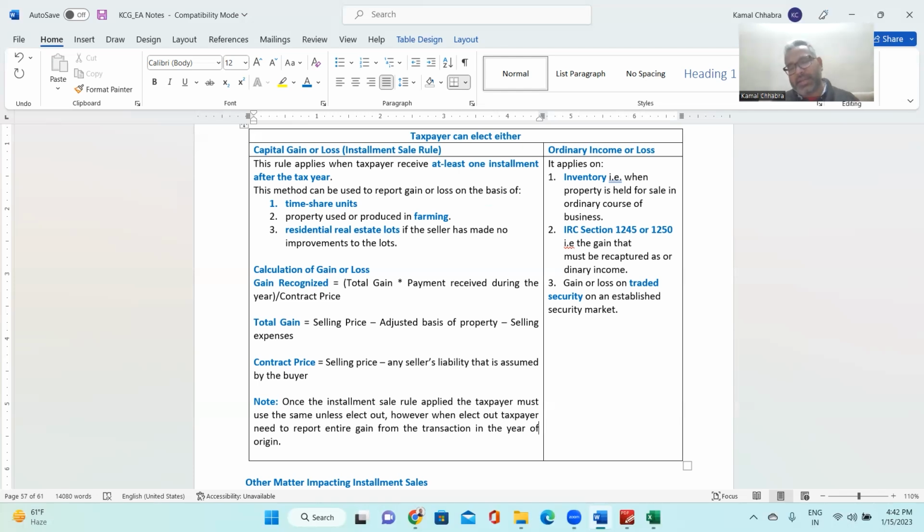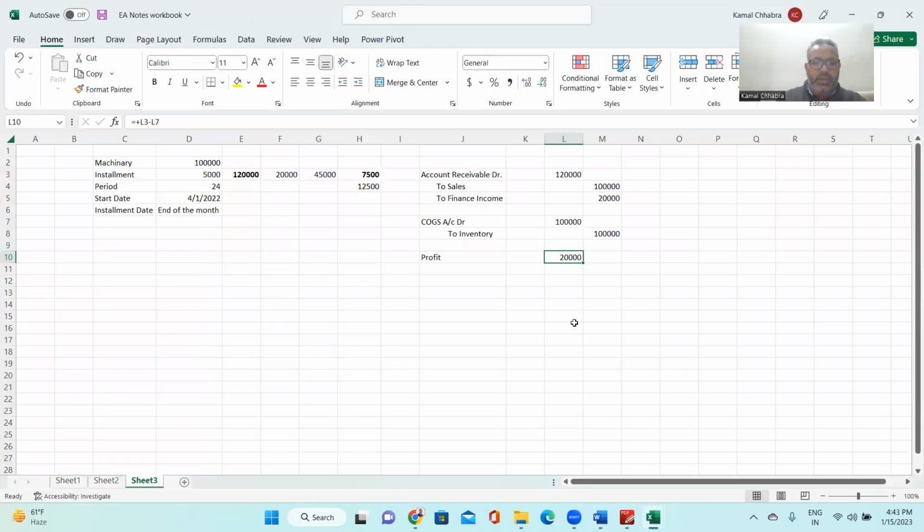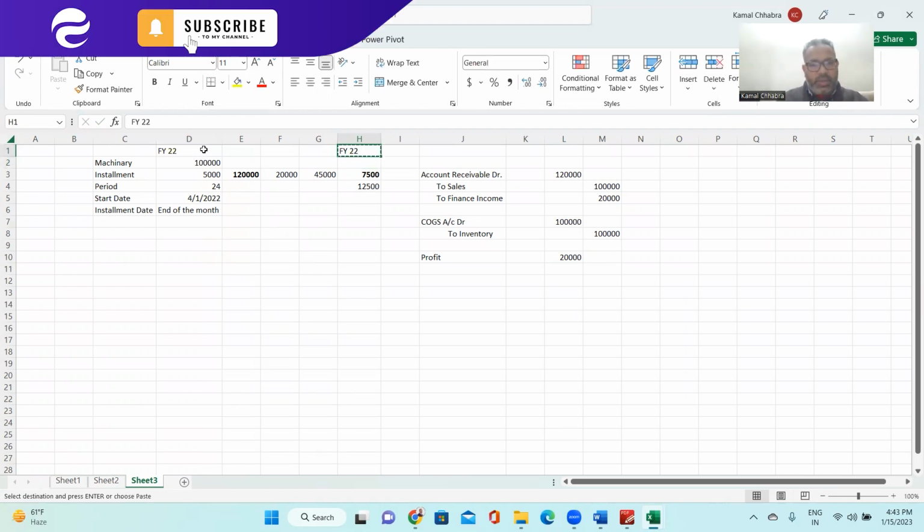So if you have paid taxes on the entire 20,000 in the year 1 revised return, then in year 2 you are not required to show it, right? Okay. So for example, let's say this is financial year 22. When you considered this capital gain position, you paid tax on 7,500 and 12,500.